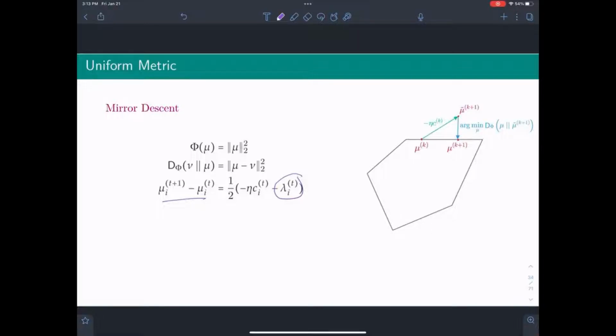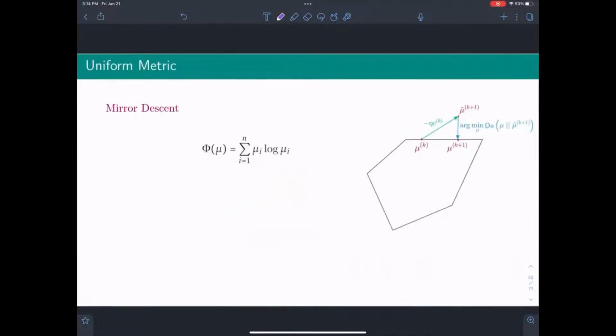So your update would be approximately minus eta times c i of t. The issue here is that there's no way that we can relate this value to the cost that the algorithm is paying, and that is our only proxy for the cost of opt.